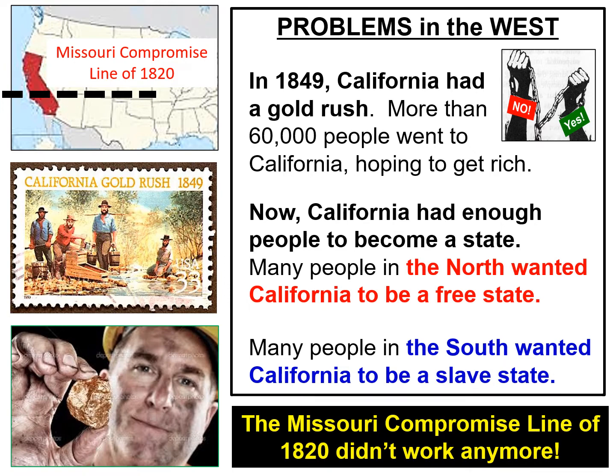The government has to figure out what to do, because there are arguments in Congress about California. They got more than 60,000 people, because a lot of people went to California during the gold rush hoping to strike it rich. So now the dilemma is, if we add California to the Union, is it going to be a slave state or a free state?